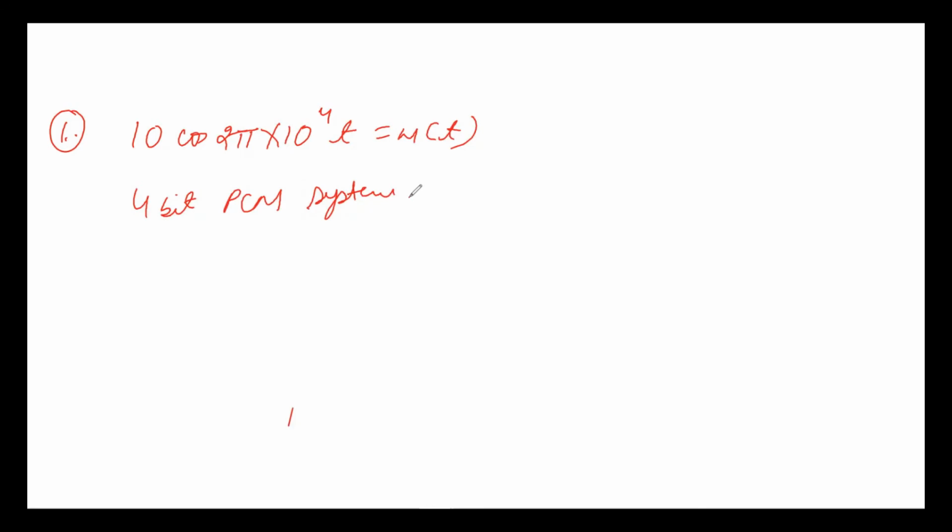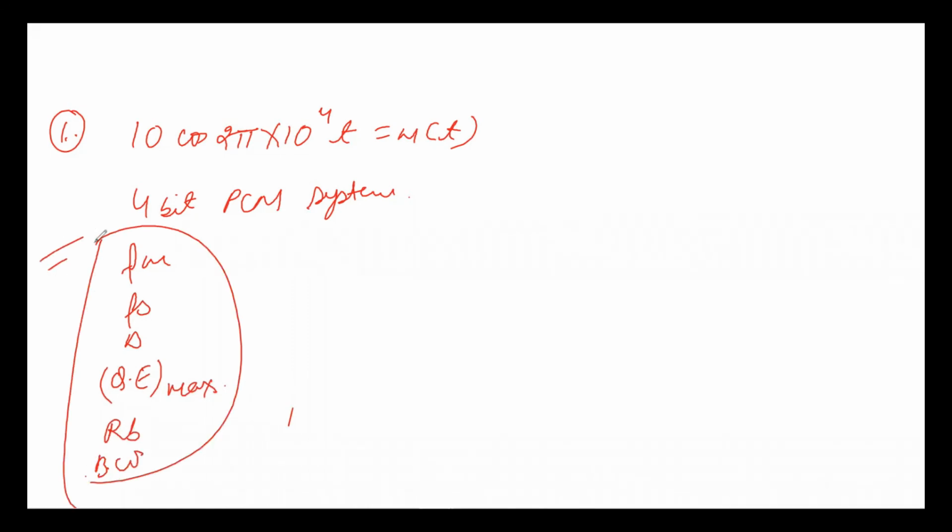The parameters of PCM are Fm, Fs, delta, maximum quantization error, bit rate, and bandwidth. So these are the parameters of PCM system, and you have to find out all these parameters. In the question, your message signal is given and it is transmitted by using 4-bit PCM system.